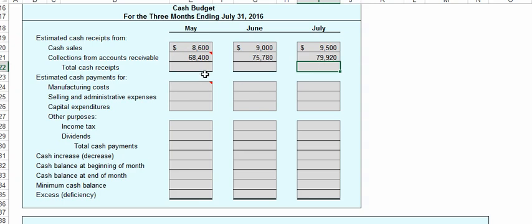Okay, so now total cash receipts. You guys, if you read through the rest of the problem, you won't see cash coming in from anywhere else. So that takes care of this first section. Cash receipts from.